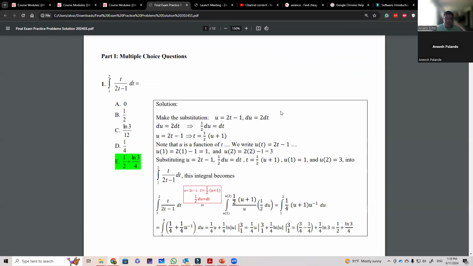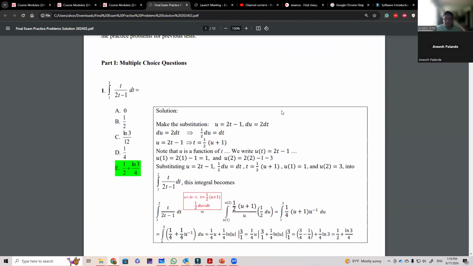Now, we can start with some multiple choice questions. Here I'm going over some integration, mostly reflecting the substitution case. For example, here we have t over 2t minus 1.